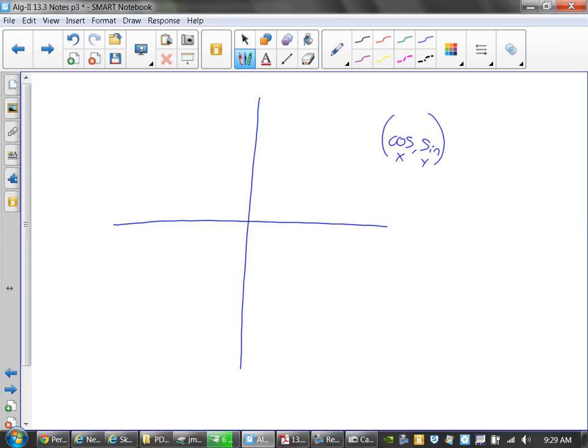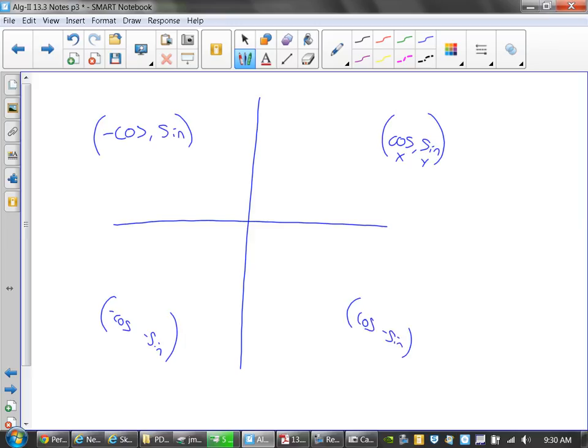So cosine and sine are both positive in the first quadrant. What's negative in the second quadrant? Cosine is negative here. Sine is positive. They're both negative here. And here it is cosine positive and sine negative.